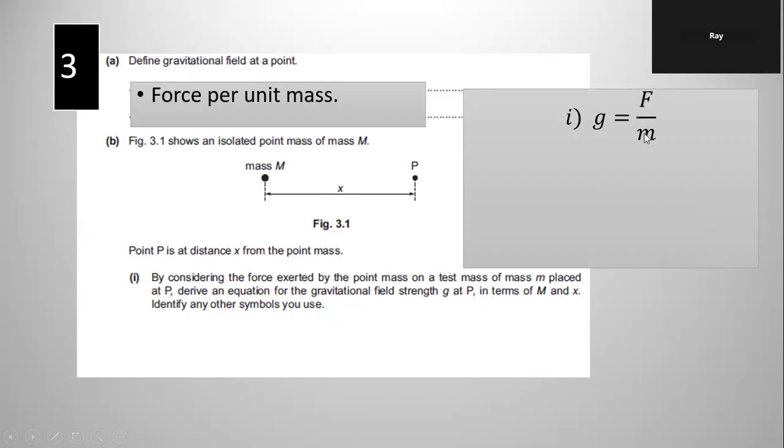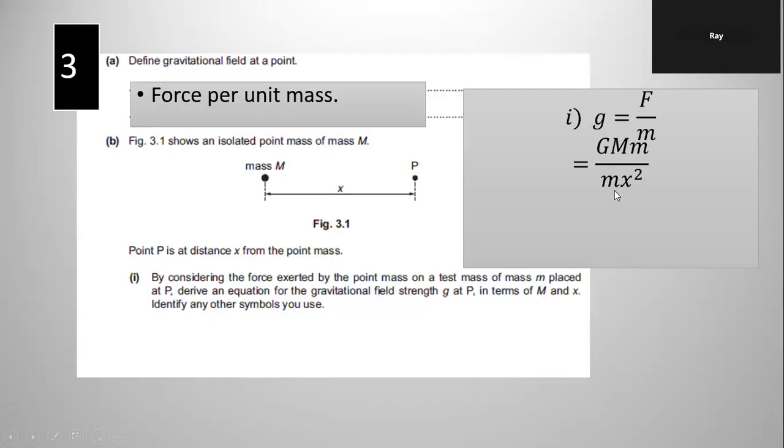Force per unit mass. So you put a test mass there. Find the force on the test mass. Divide by the test mass you put there. Then the force is Newton's gravitational law, GMm over x squared. This m is this m.